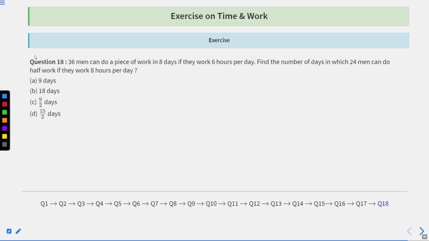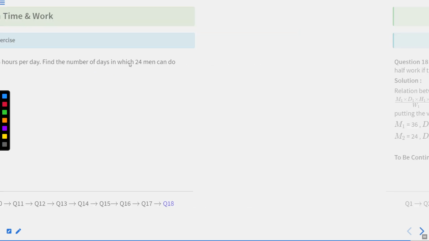Question number 18. 36 men can do a piece of work in 8 days. If they work 6 hours per day, find the number of days in which 24 men can do half the work if they work 8 hours per day.